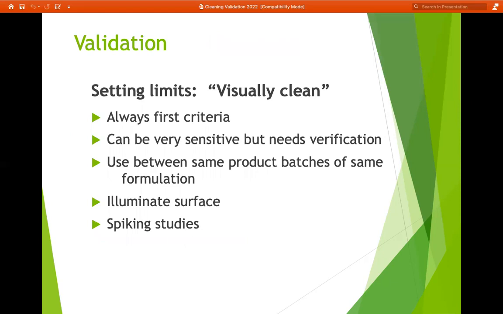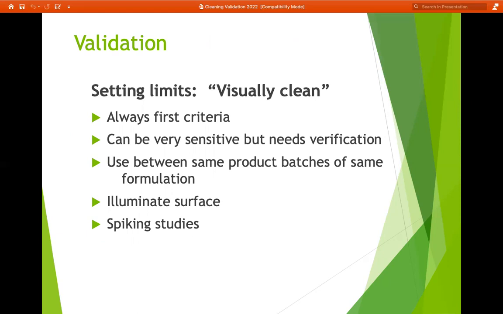Visually clean is the first criterion which we shall follow very carefully. It can be very sensitive but needs verification every time. It is used between the same product, or batches of the same formulations, where similar products and similar molecules are there.